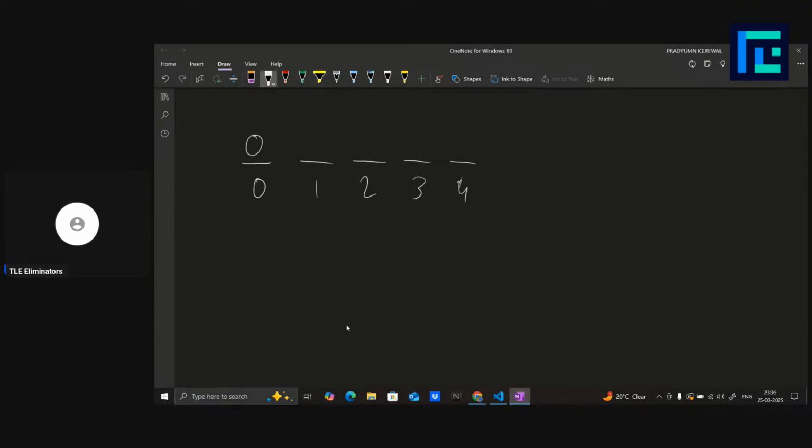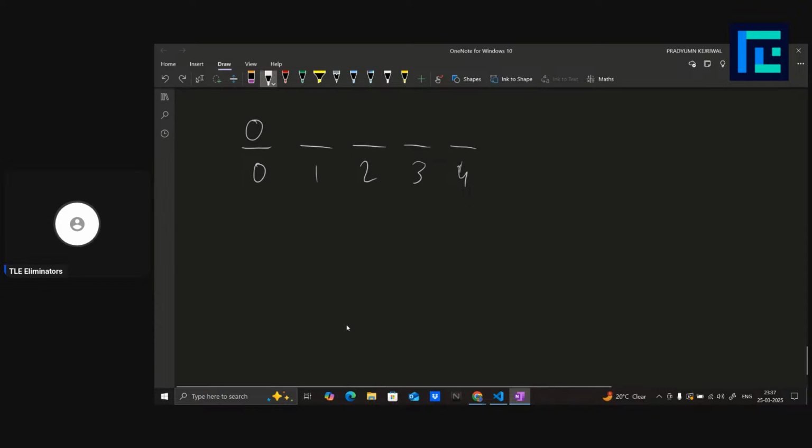Where all of the other elements are, I don't know, but I just know that they are not at their own index. Like 1 cannot be at index 1, and 2 cannot be at index 2. I just know that initially 0 is here. Now in the next cyclic shift, I want another element to be a fixed point.